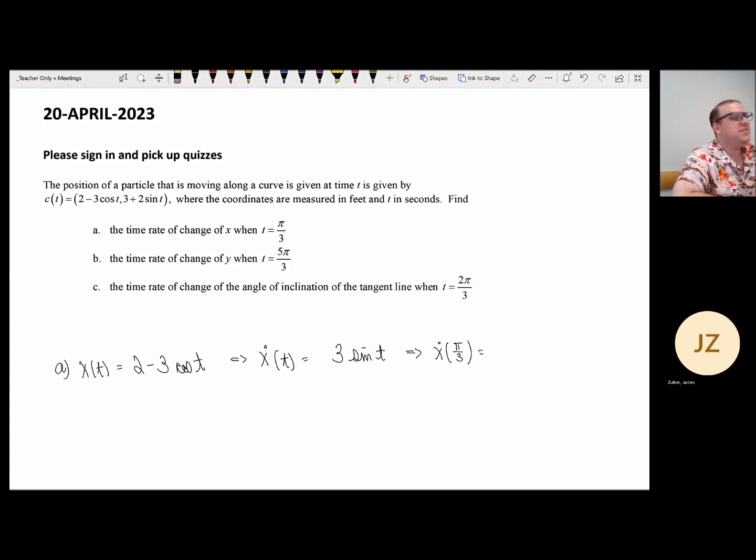Sine of pi over 3. And units, feet per second. What this means is at the time pi over 3, our horizontal distance is changing at a rate of 3 root 3 over 2 feet per second.